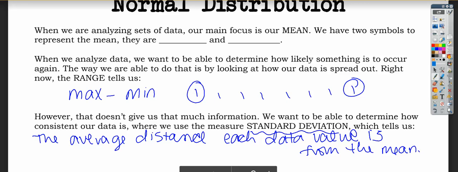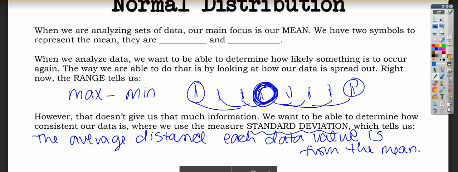So if I were to take each of these tick marks, which are my data values, and this is my mean right here, I want to find how far away each of these are from the mean, and then I want to take the average of it. That's what standard deviation is. There's a variable for standard deviation. The variable is called the lowercase sigma. I always say it looks like an O with a hash.